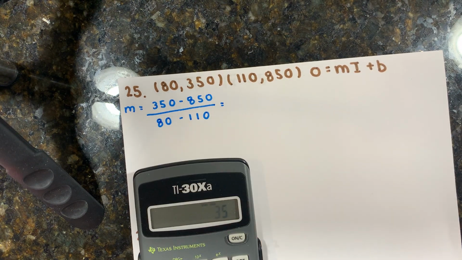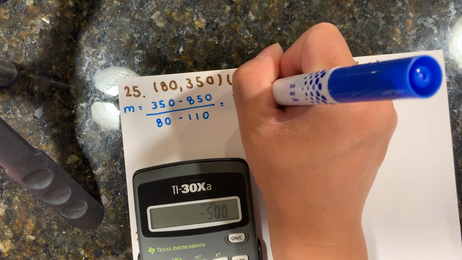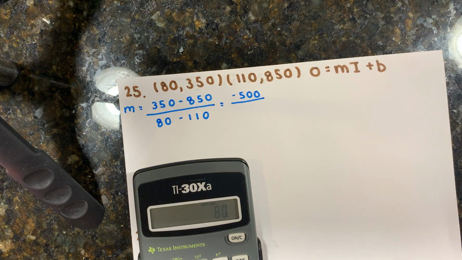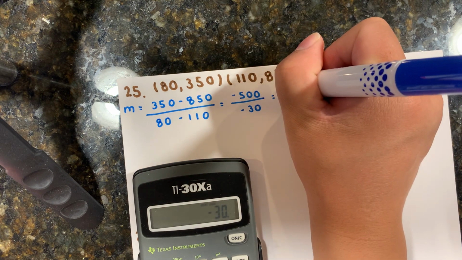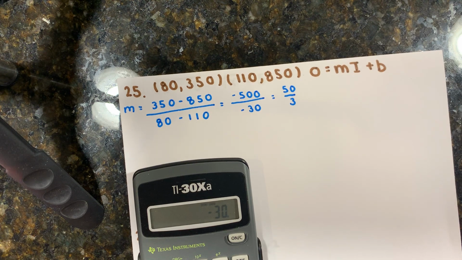So 350 minus 850 would be -500. And then 80 minus 110 would be -30. So I get positive 50 over 3 would be my slope.